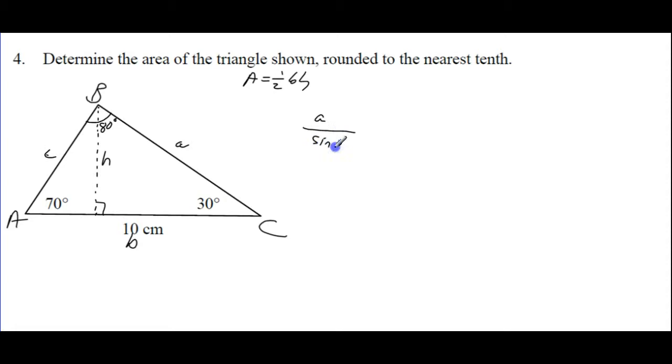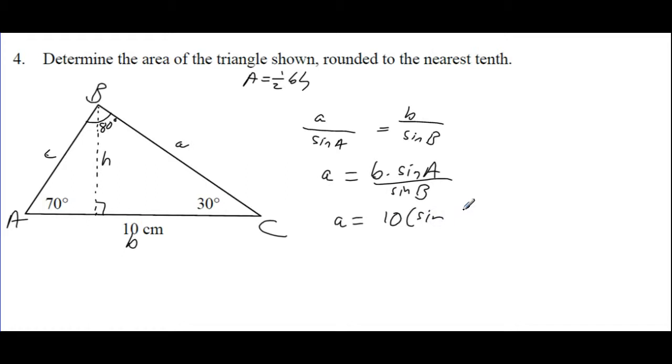Little a over sine A is equal to, and this time our known quantities are B and sine B. So little a is B times sine of angle A over the sine of angle B. That's 10 times the sine of 70 degrees, divided by the sine of 80 degrees.